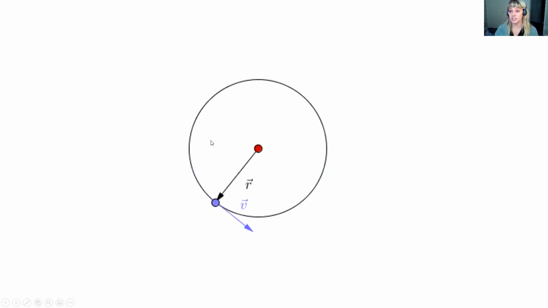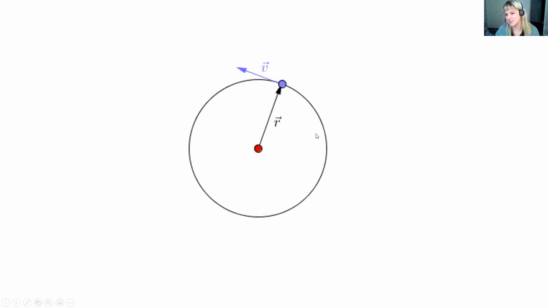So acceleration can occur in a couple of different ways, right? I can speed up, right? I can go from 10 meters per second to 20 meters per second, and that would involve an acceleration. That happens when the magnitude of the velocity changes. The other way that we can have an acceleration is when the direction of the velocity vector changes, as shown here.